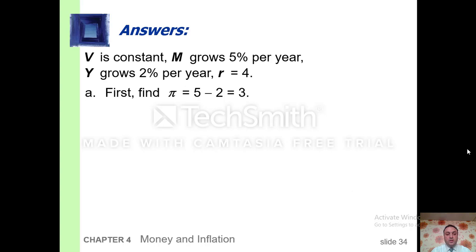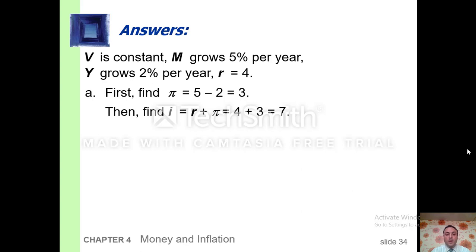The inflation rate is the money supply growth, which is 5, minus the output growth, which is 2%. So 5 minus 2 equals 3. The inflation rate will be 3, according to the inflation rate equation that we saw in the previous lesson.